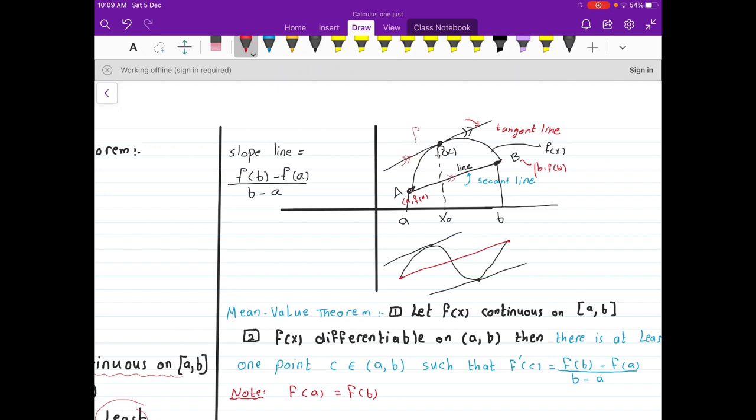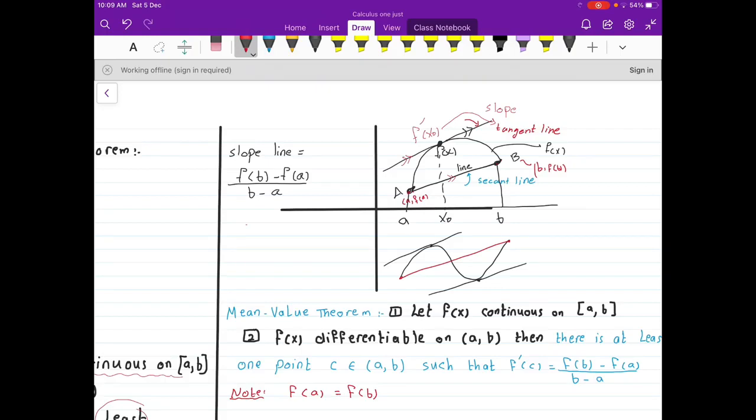That means f prime of x naught is the slope of the tangent line. So f prime of x naught represents the slope of the tangent line. ما هي العلاقة between the slope of the tangent line and the slope of the line that joins the 2 points A and B?